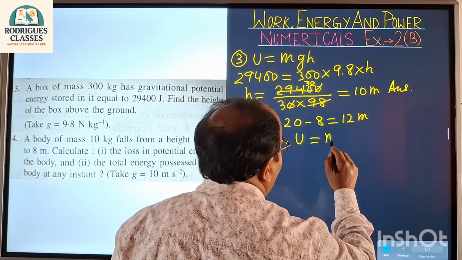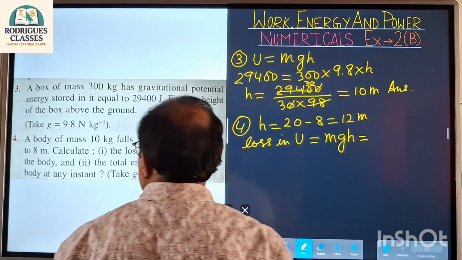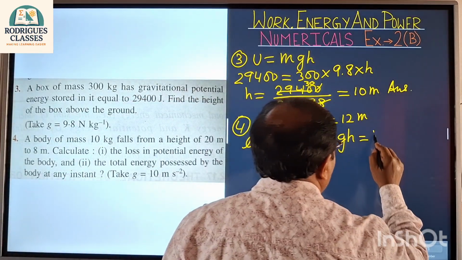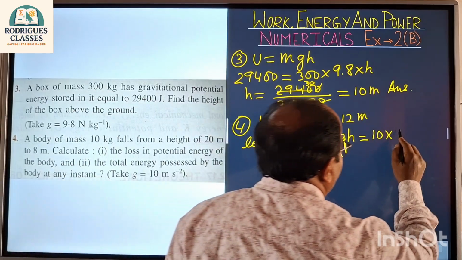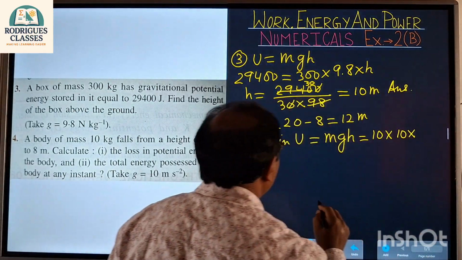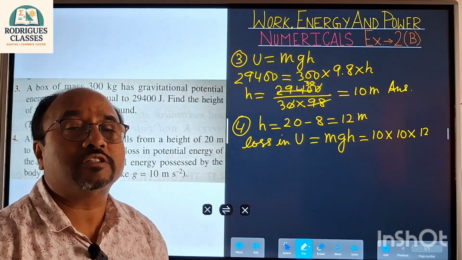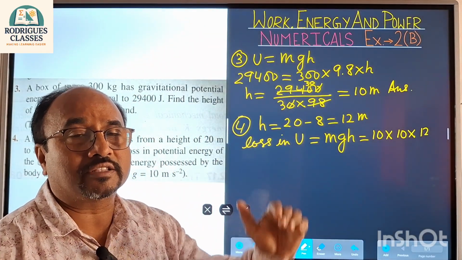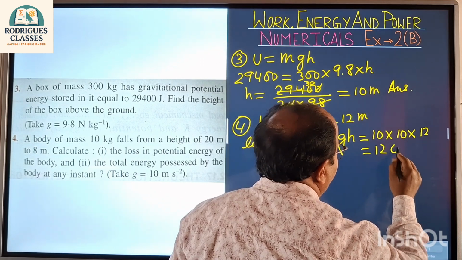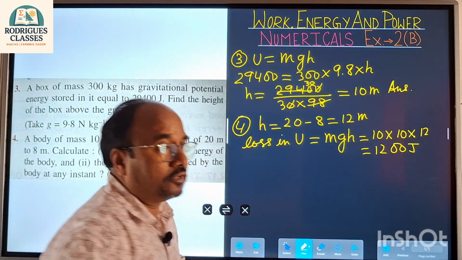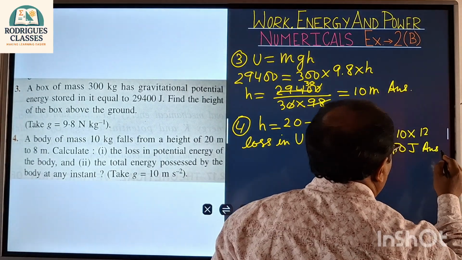So using the formula mgh, m is given to us as 10, g here is given as 10, so that makes the calculation easier, and the height here to be used is 12 because we are finding loss in potential energy. So what is the height change is there, we have to write that, and so you get it as 1200 joule. So this is our first answer for the first part.